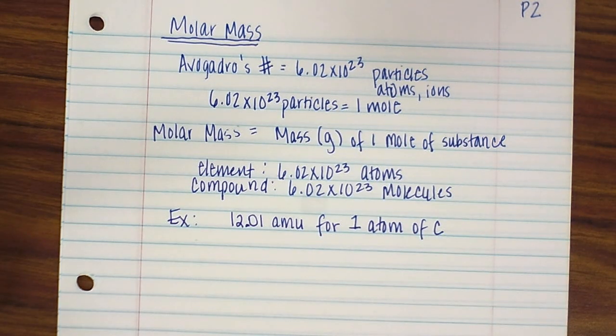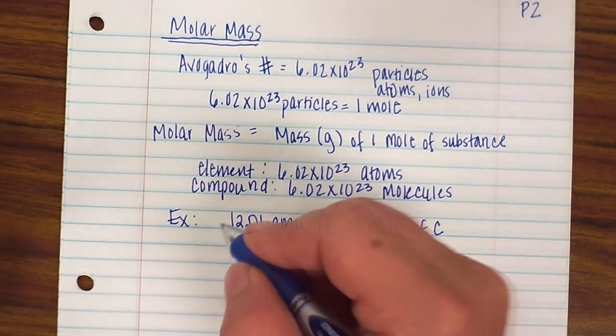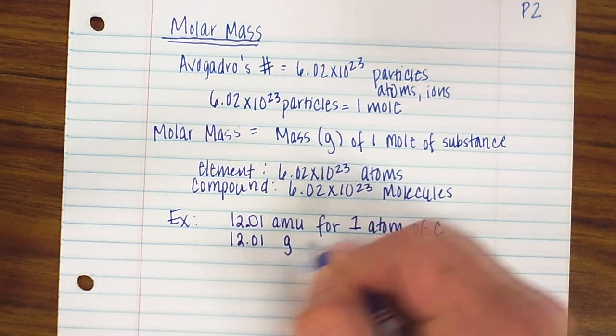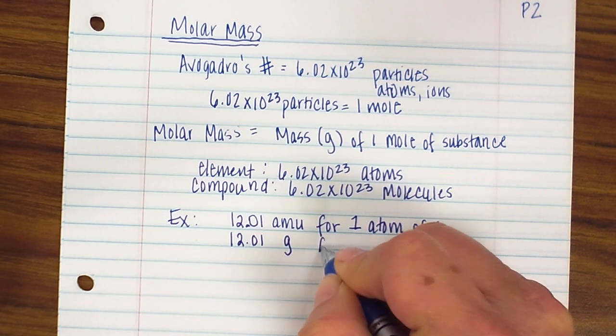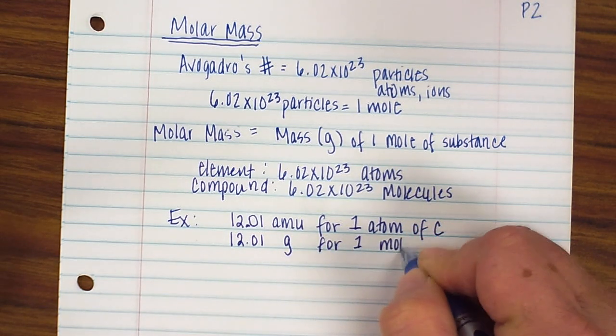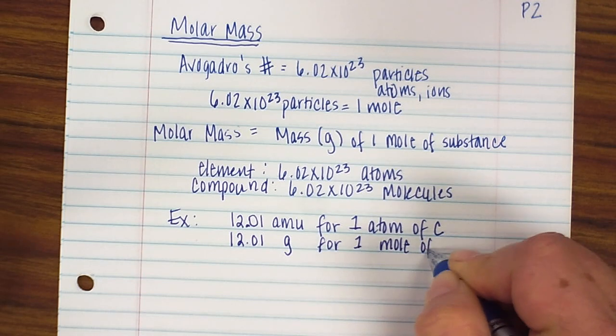For molar mass, you take that same number, you just change it to grams for 1 mole. That's why Avogadro's number is so important, because it's 12.01 grams for 1 mole of carbon.